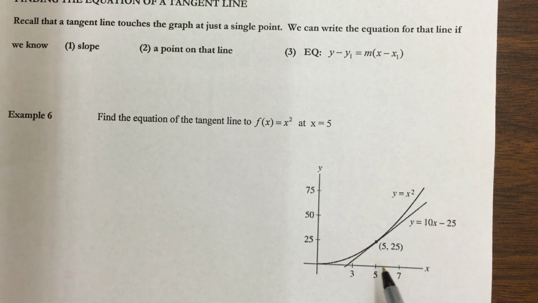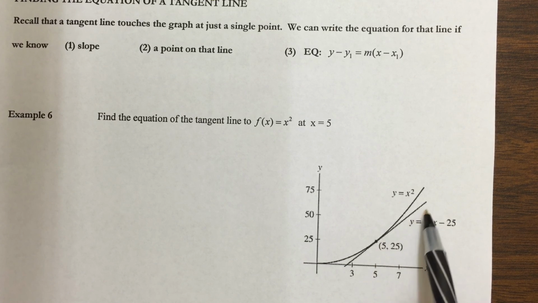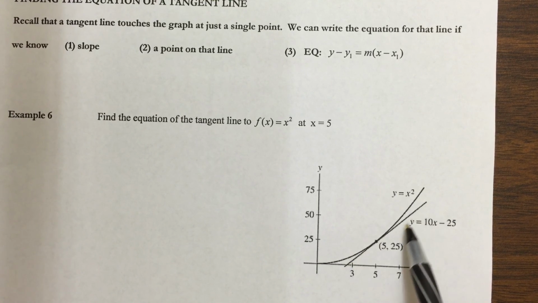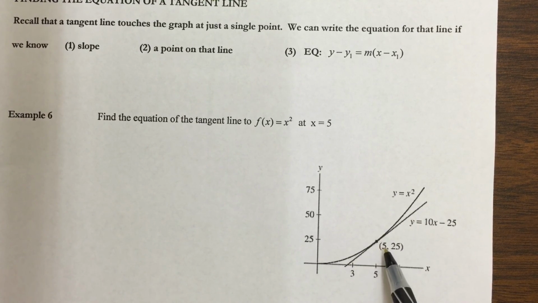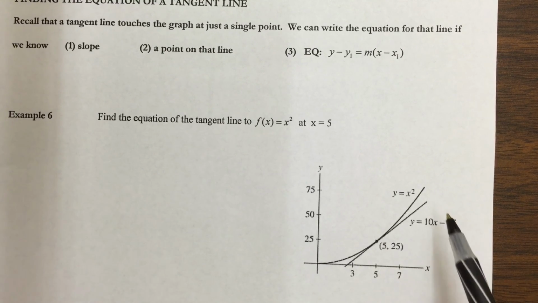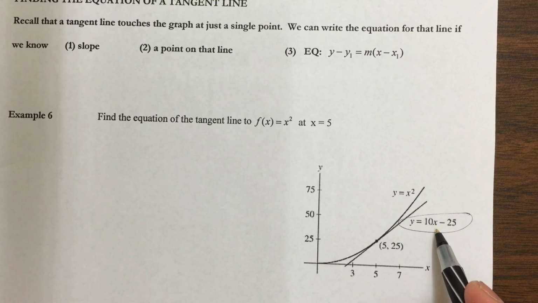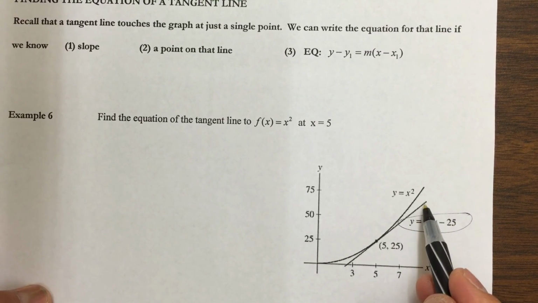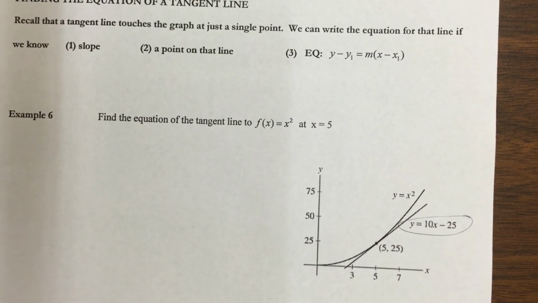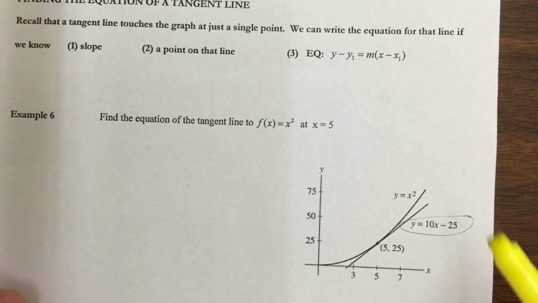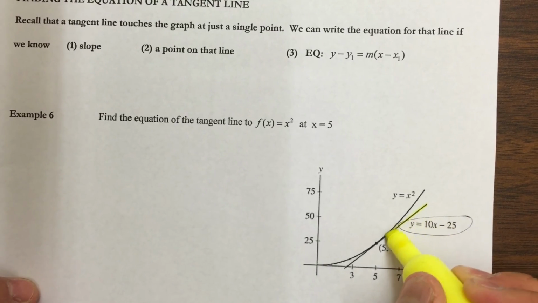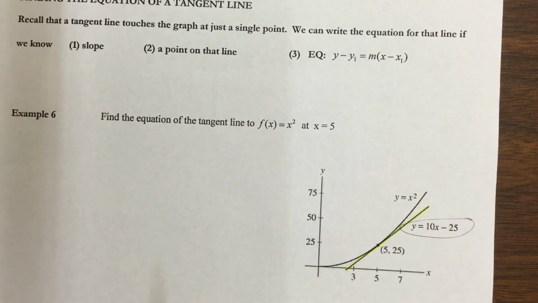Okay, and I want to know what is the equation of this tangent line at x equals 5. In order to write an equation to model this line, I need to know the slope of this line. So let me use my highlighter here. What is the slope of that line?